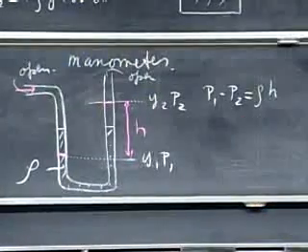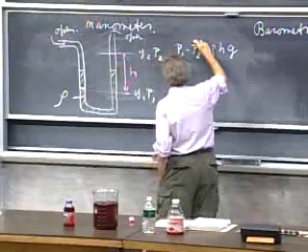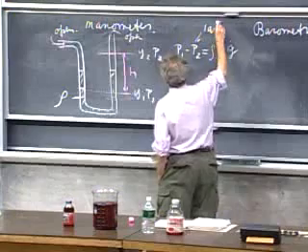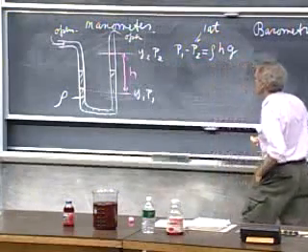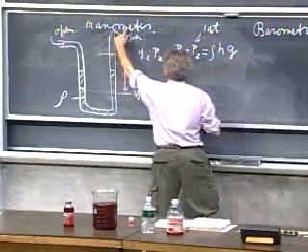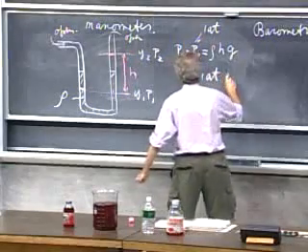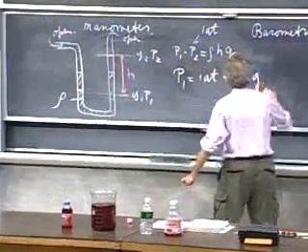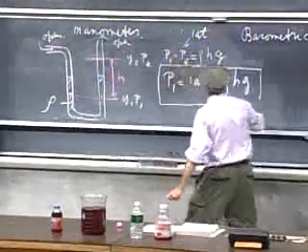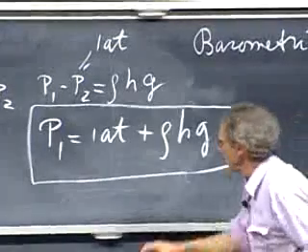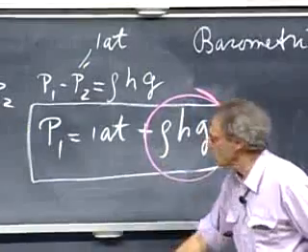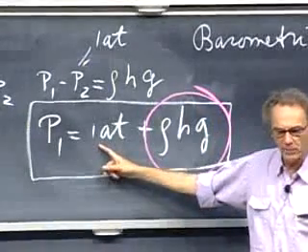I know that the p2 level is 1 atmosphere. That's open to the world. So p1 equals 1 atmosphere plus rho h g. And so what my manometer indicates is how much pressure I can generate over and above the 1 atmosphere.